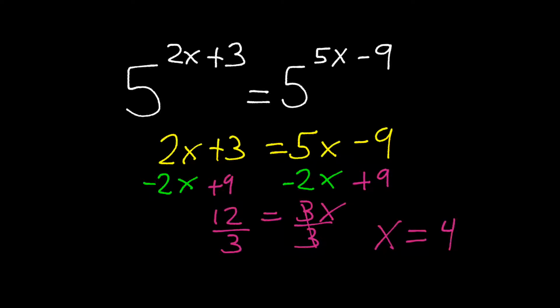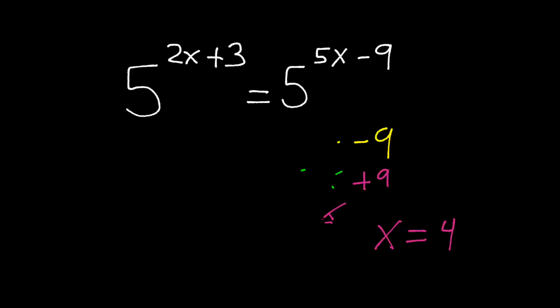Well, if we plug that into our original equation, let me erase this so we have some room. If I plug that into here, 2 times 4 is 8, plus 3 is 11, so this side becomes 5 to the 11th power. And if I plug it in on this side, 5 times 4 is 20, minus 9 is 11.